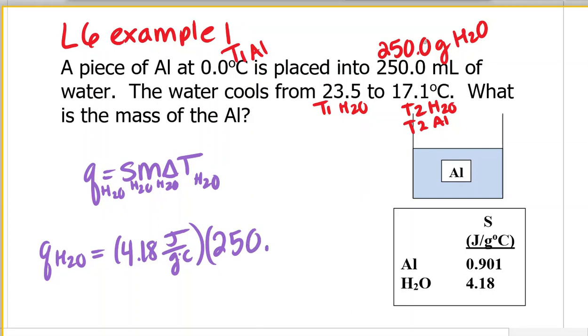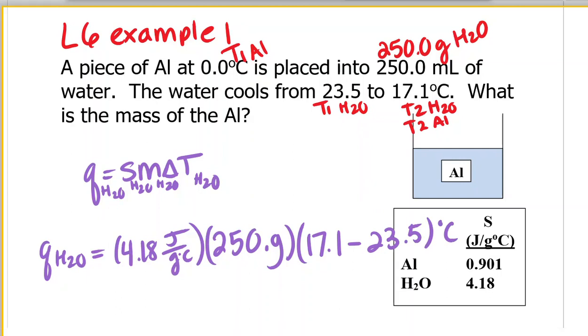really that only has 3 sig figs because the density only has 3 sig figs, but it won't end up mattering anyway. And then T2 for the water, T1 for the water, okay, and as usual we want to watch this step right here because sometimes that really causes our number of significant figures to drop, which it did in this case.